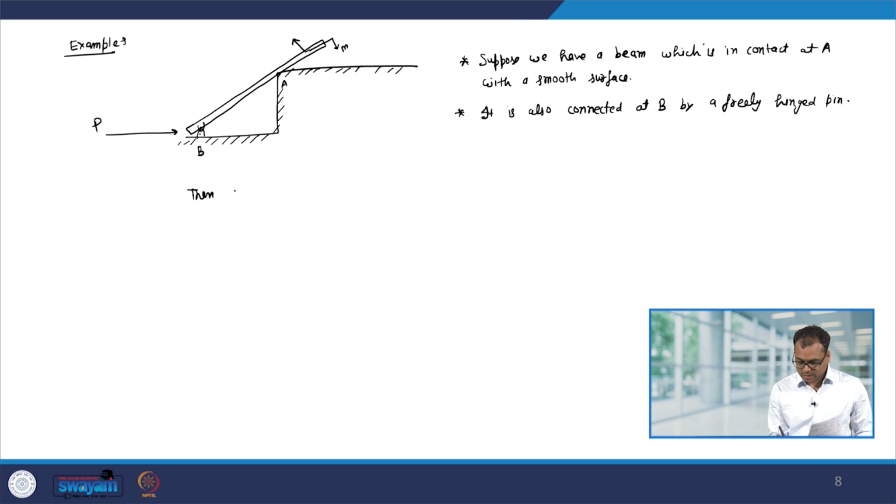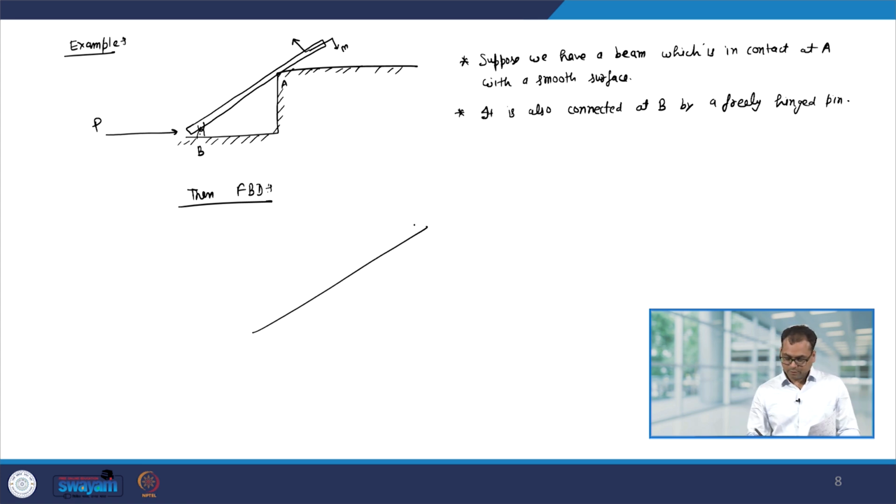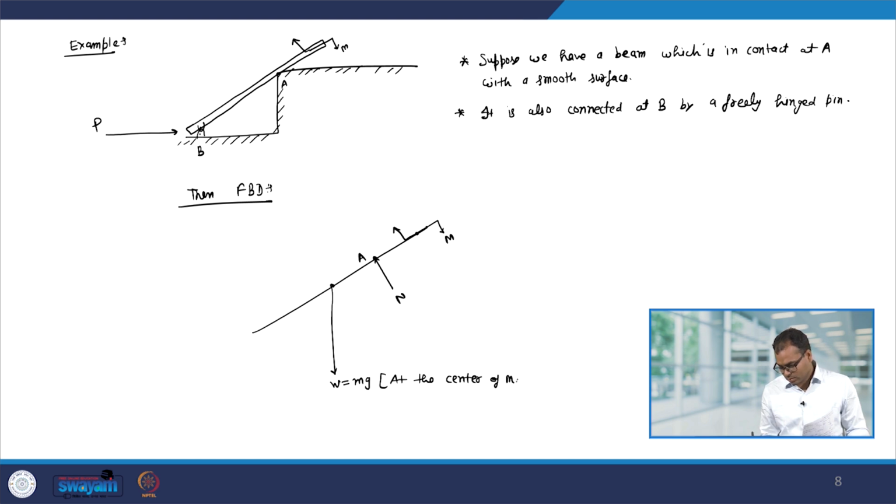In this case, let us look at the free body diagram. So, first of all we have to remove all the support reactions. Let us say this is the beam that we have, and on this beam a moment is acting. At point A we will have a normal force, and the weight of the beam, which is W equal to mg, that will act at the center of mass of the beam.